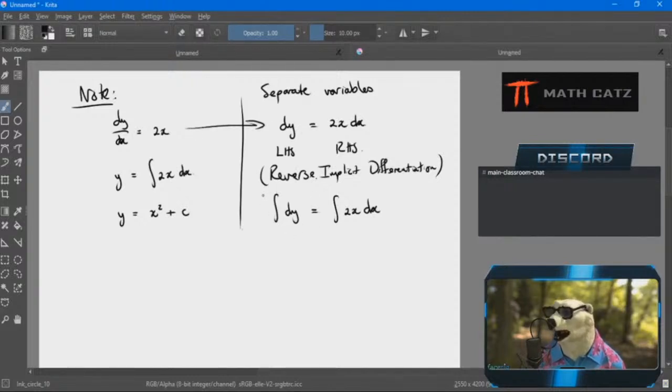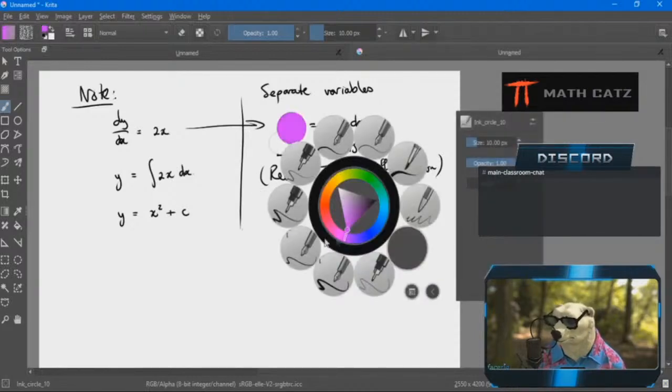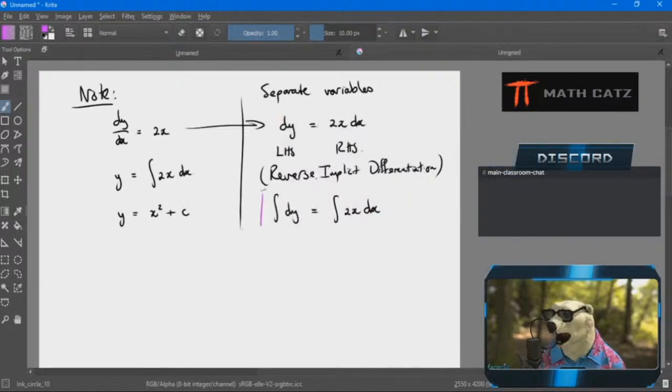Now the key thing in this separation of variables method to solve the differential equation is to just look at each of these sides in isolation. So I'm going to use color. When I have the pink side, there is nothing else. Literally nothing else exists but this side.